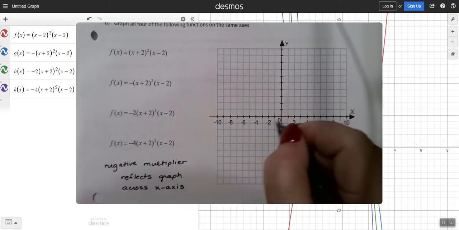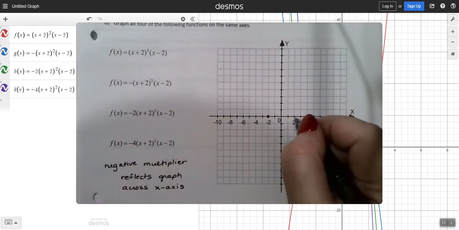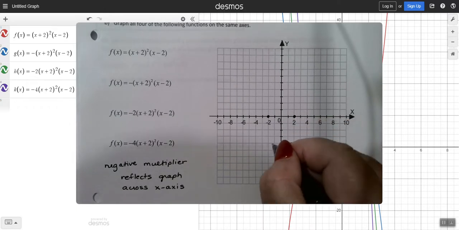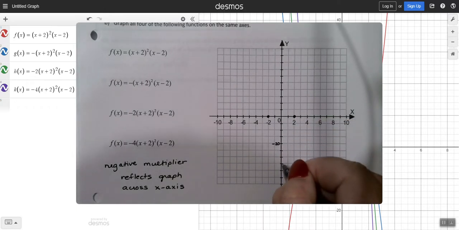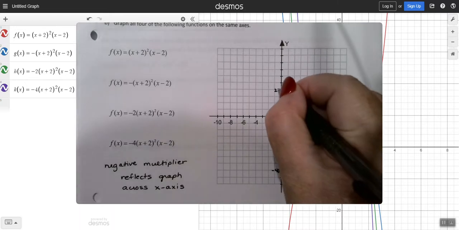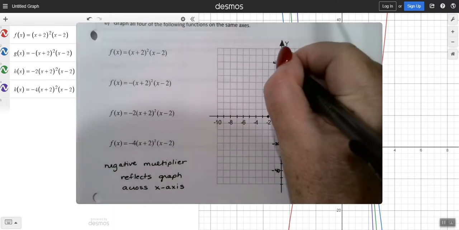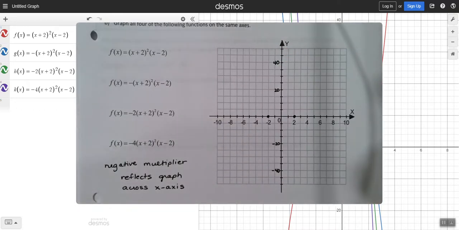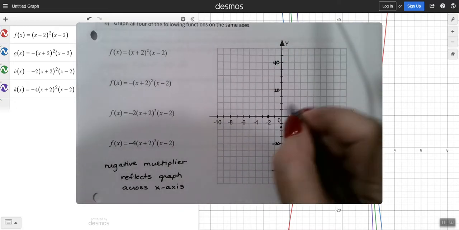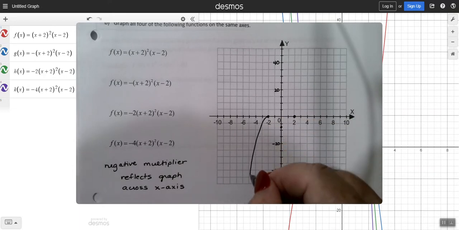So again, our original, if you remember, had the zeros at negative 2 and positive 2. And let's see, I'm going to go ahead at 5, 10, 15, 20. Our original graph had a y-intercept at negative 8. And it looked something like this.